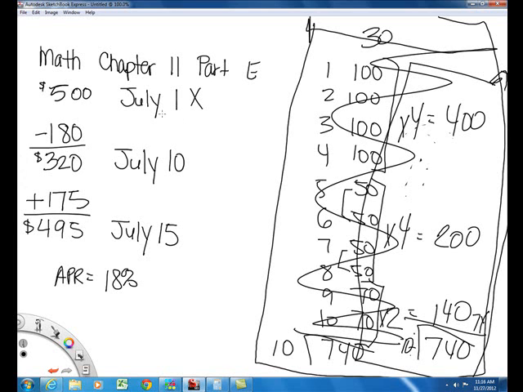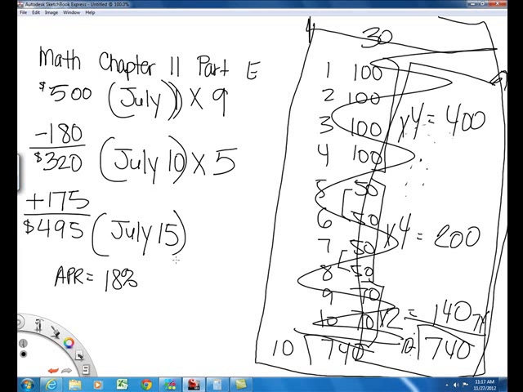To the 10th, but not including the 10th, is 9 days. So we'll have 500 times 9. We were at 320 for 5 days. We were there the 10th, 11th, 12th, 13th, and 14th, and it changed on the 15th, so not including the 15th. So for 5 days, I had a balance of 320, and then for the remainder of the time, I had a balance of 495.